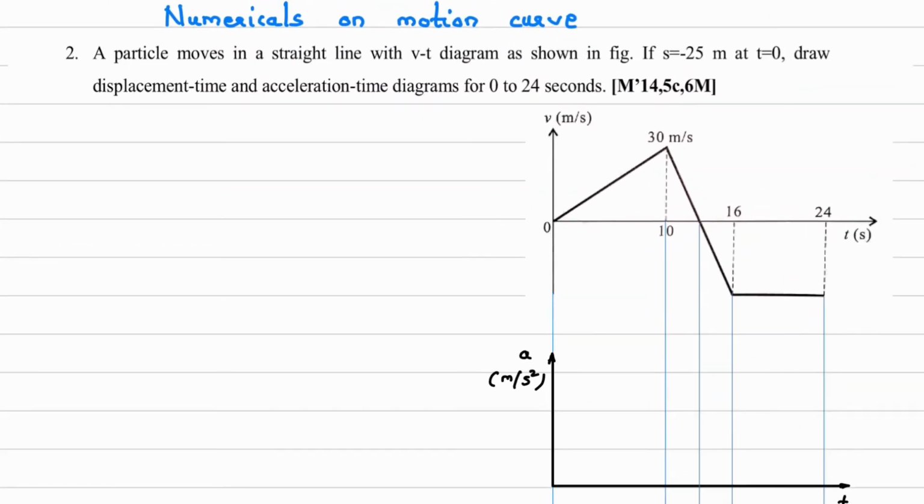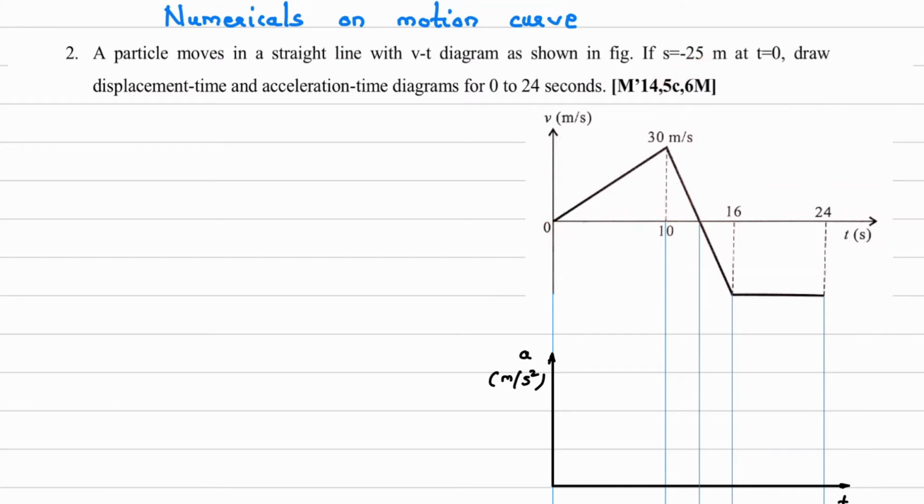Now we'll read the question. A particle moves in a straight line with the Vt diagram as shown in the figure. So here we have the velocity versus time diagram. If s is equal to minus 25 meter at t equal to 0. So when time is 0, initially what is s? It is minus 25.